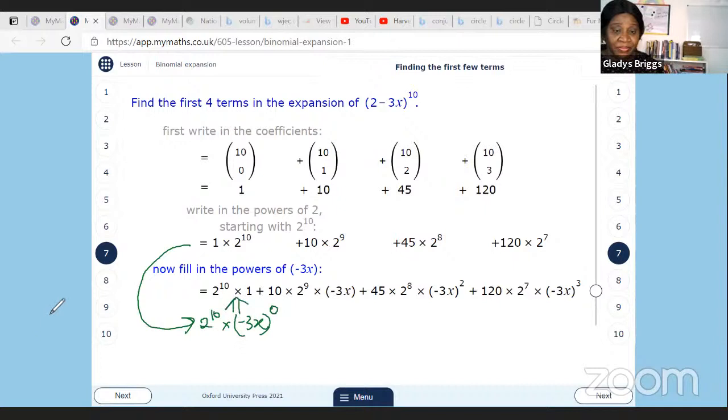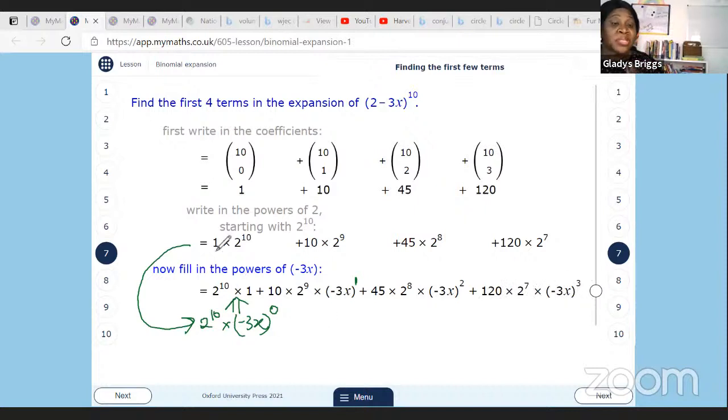There, yeah? So then you would have 10 times 2 to the power of 9 times negative 3x to the power of 1. Yeah? Plus 45 times 2 to the power of 8 times negative 3x to the power of 2. Then 120 times 2 to the power of 7 times negative 3x to the power of 3.